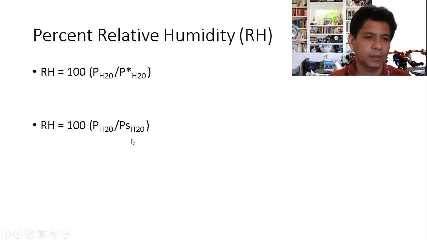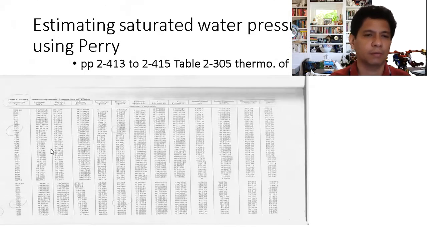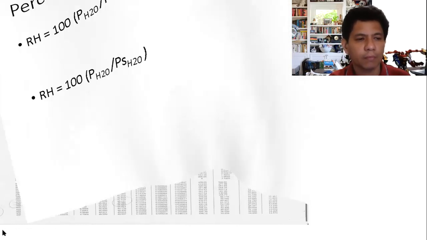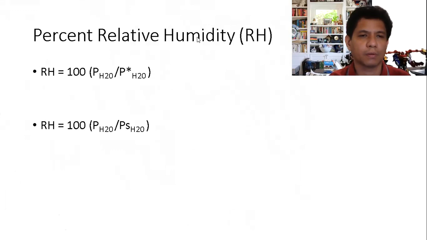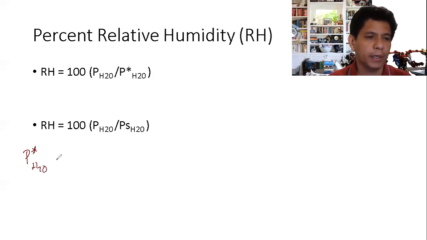So these are the two symbols of saturated water. You can commonly see this symbol in different references. In this definition of percent relative humidity, P star H2O is just the same as P saturated H2O.